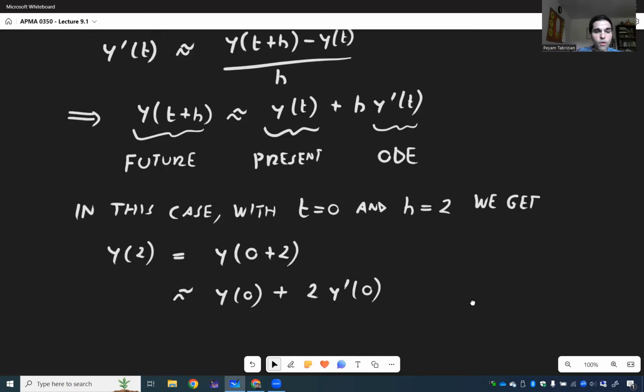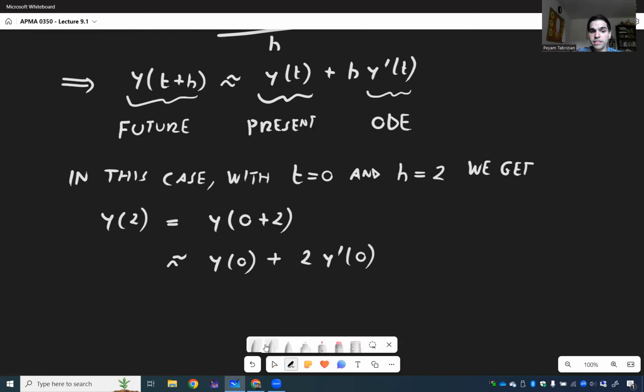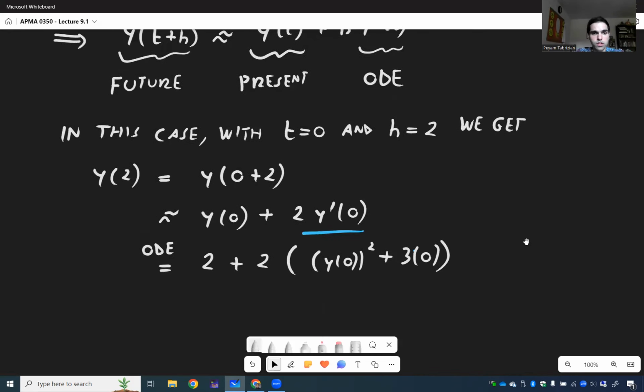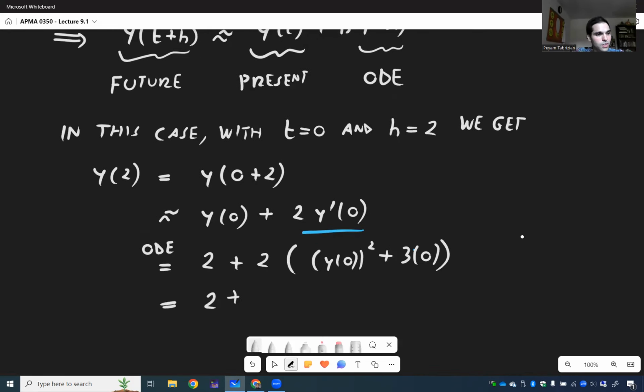But once again, I want to remind you, y prime of 0 we can calculate using the ODE, because y prime is just y squared plus 3t. So by the ODE, this becomes 2 plus 2 times y of 0 squared plus 3 times 0, and we get a concrete value. So this becomes, lots of 2's, 2 plus 2 times 2 squared, and you get 10.